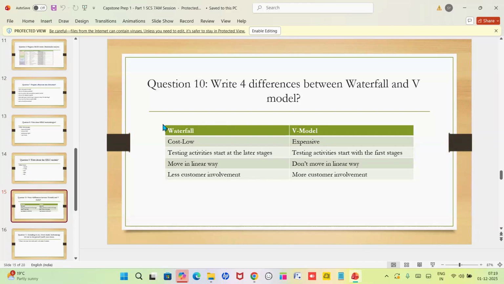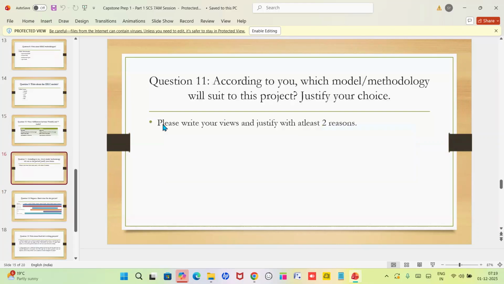This is the difference between the waterfall model and the V model. Based on your case study, you can find out what differences we are having.